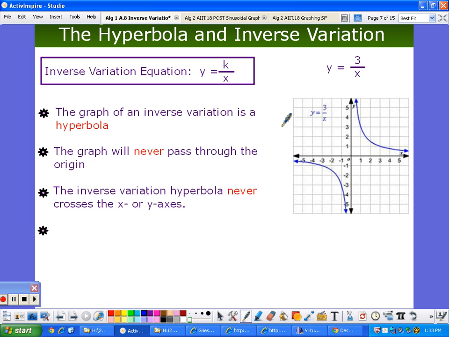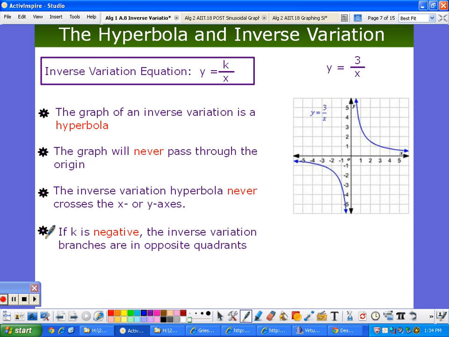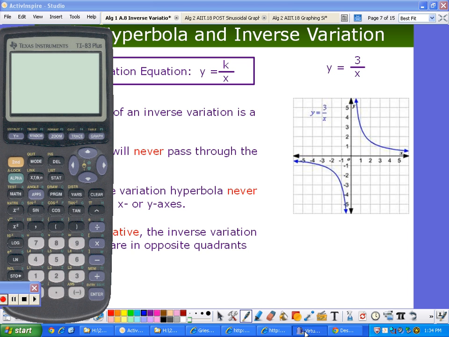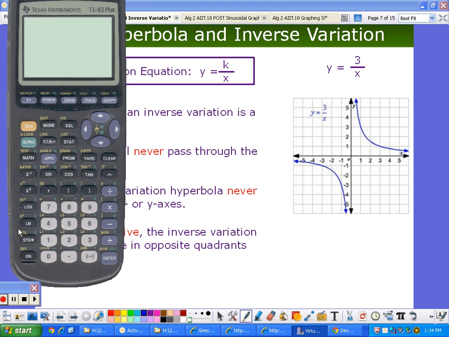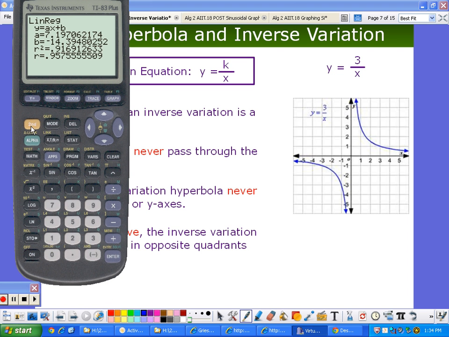Okay, what happens if k is negative? Let's just bring up a graph here. I'm going to zoom standard so I can see what I've got.